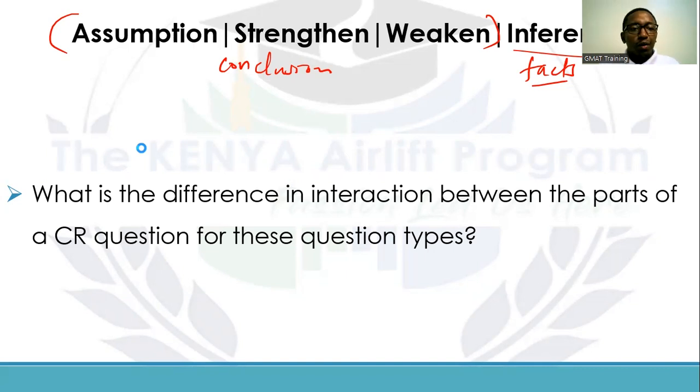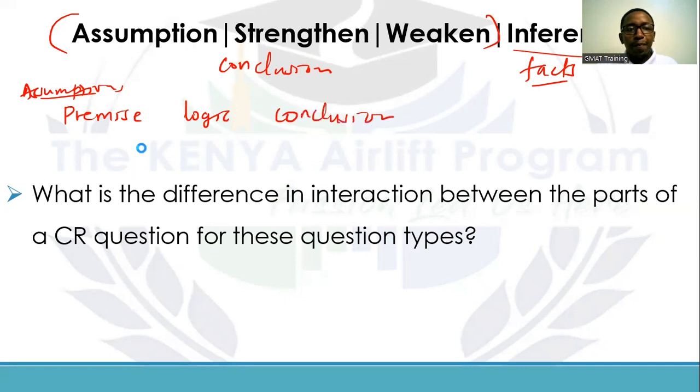So what is the difference in introduction between the parts of a CR question for these question types? Remember, we are looking at the premise, the logic, and the conclusion. So we start with assumption questions. Of course, you have your premise, and then you have your logic that ties the premise to the conclusion.